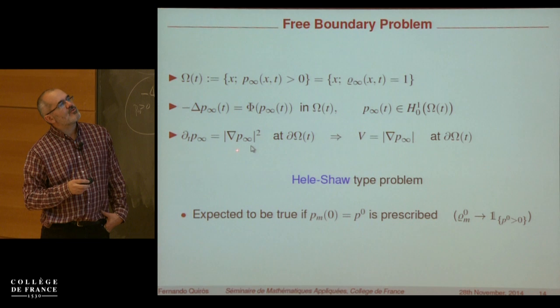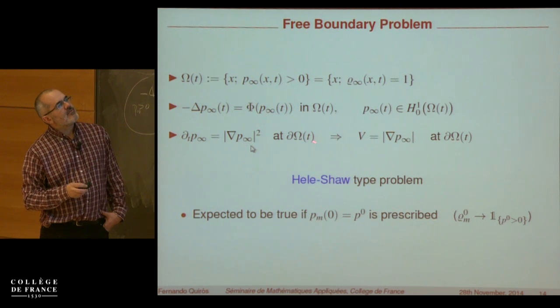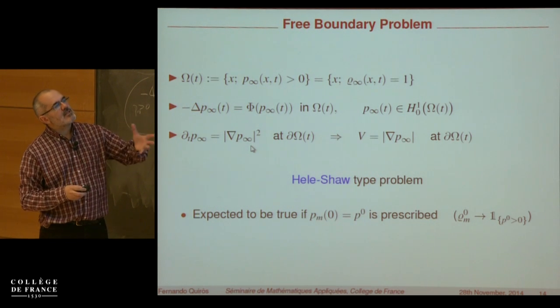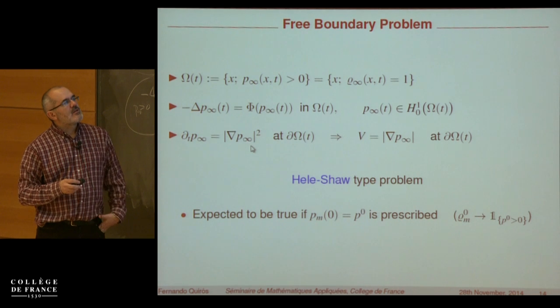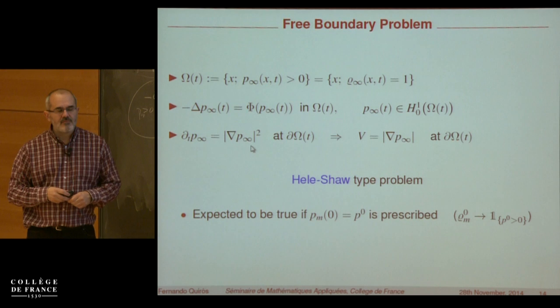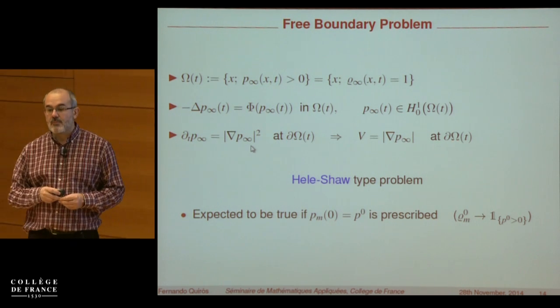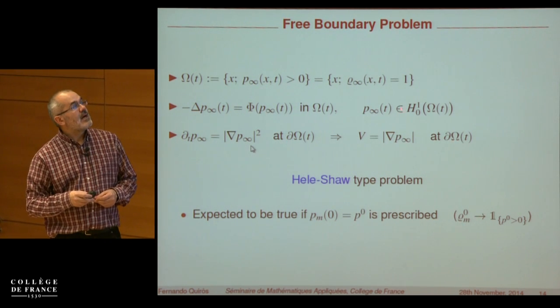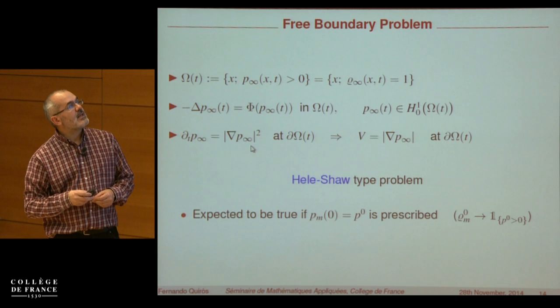If the free boundary is a smooth hypersurface, this is equivalent to having a velocity given by the gradient of the pressure. So this is really, at least formally, a Hele-Shaw type problem. You have Darcy's law at the boundary, and an elliptic equation in a set that is moving with time.